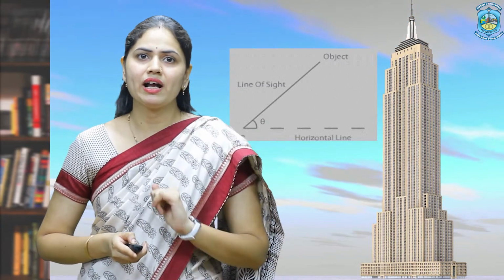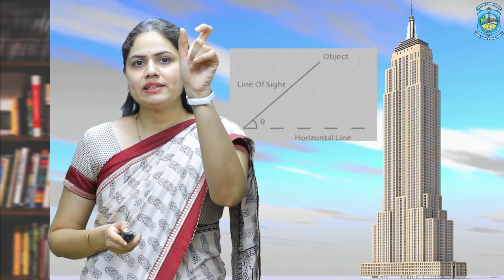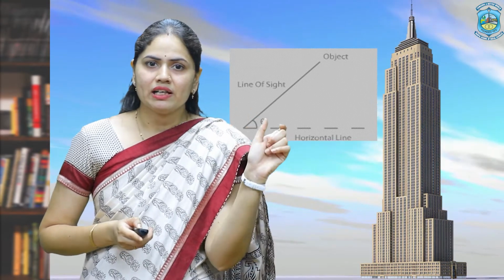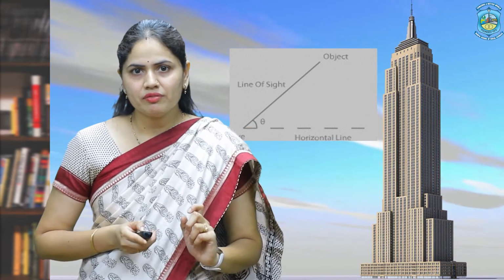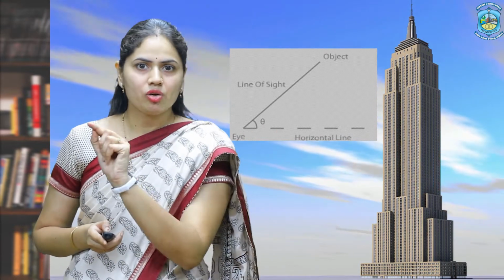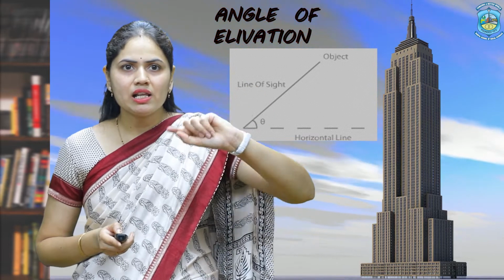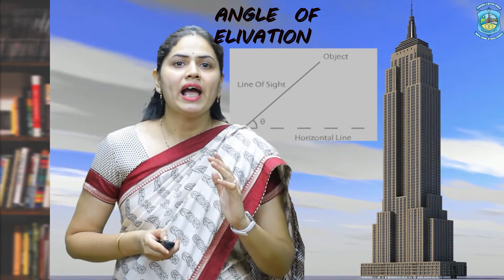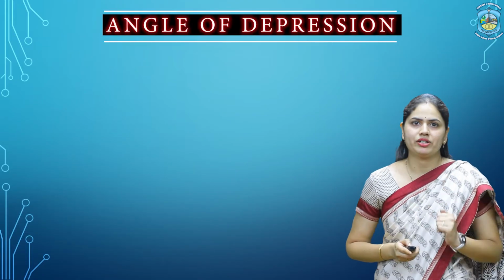In this diagram, you can easily see the object is a building and this is the eye of an observer. The line of sight is an imaginary line, and the angle formed with this horizontal line is called the angle of elevation. In simple words, we always find the angle of elevation when a person is looking from bottom to top.